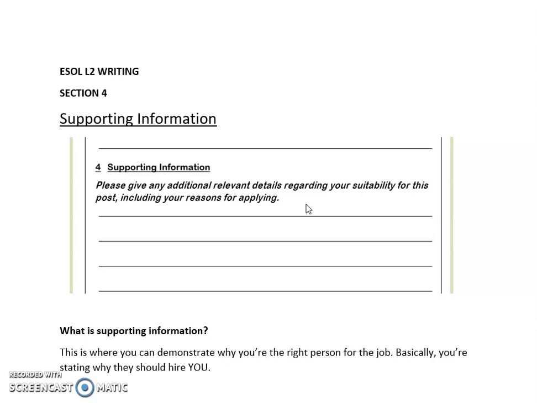Also, we've mentioned our previous experience. Now we need to add additional details about this job to show how we are suitable for this role. So that's what we mean by supporting information.